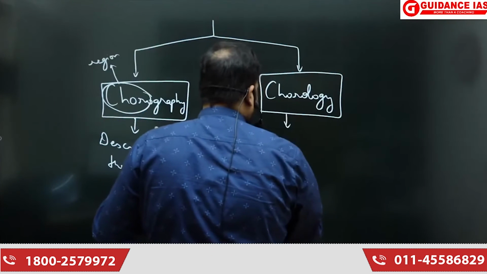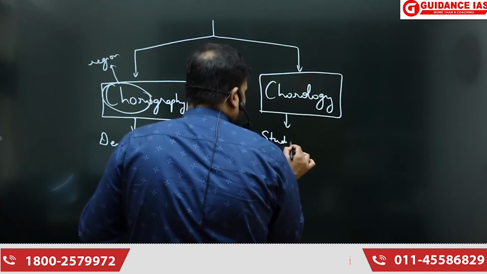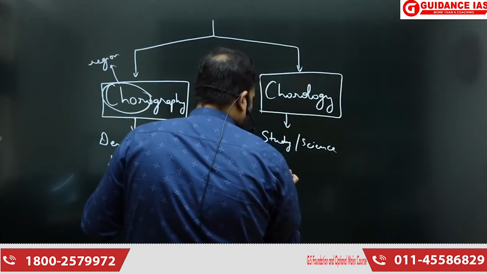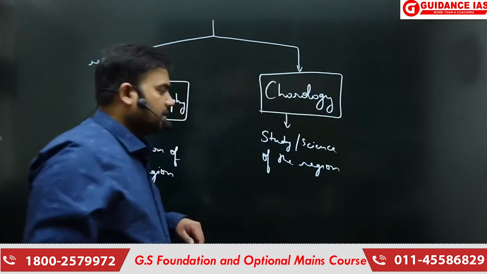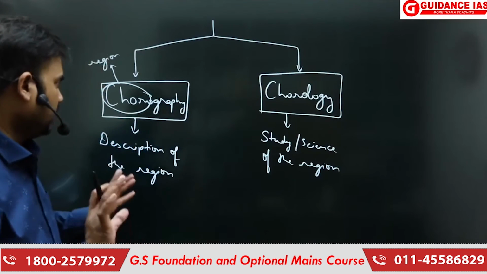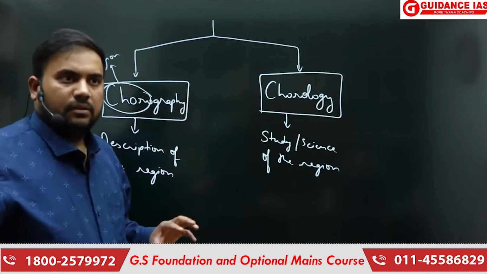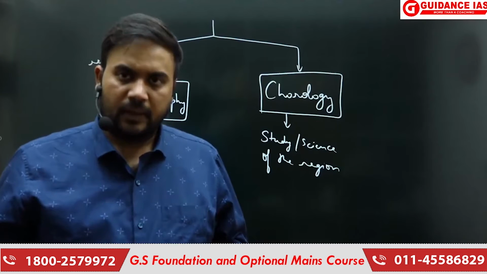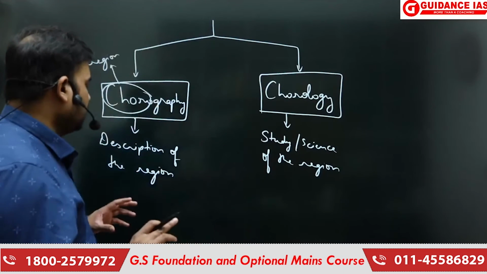On the other hand, chorology is what? It is the study or science of the region. Science of the region. Okay? So now see, throughout the development of geography from the time of Varenius, geographers always wanted to do what?